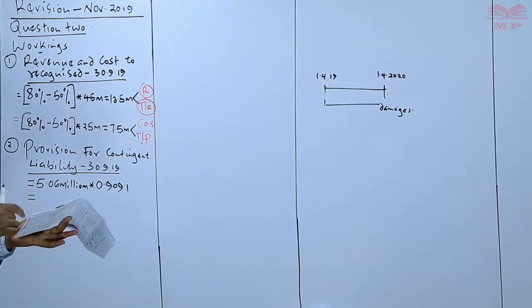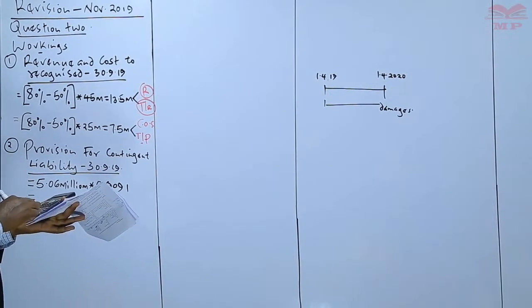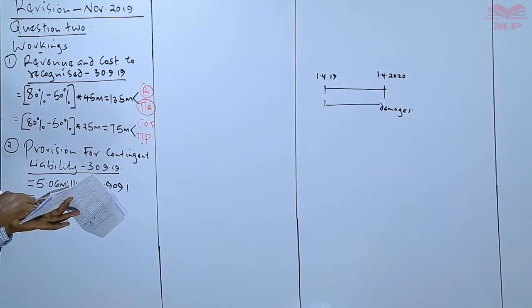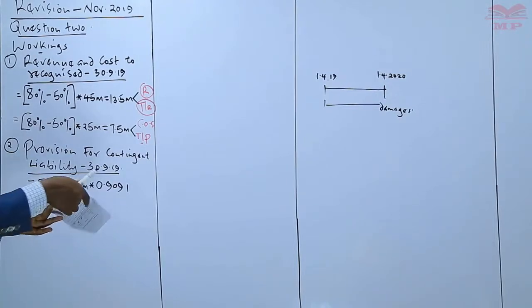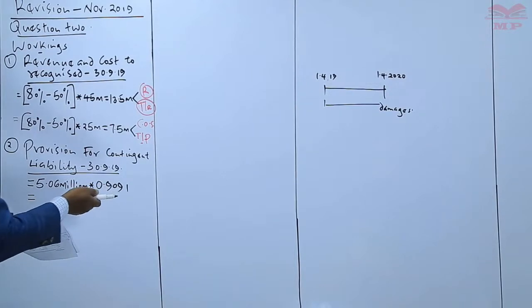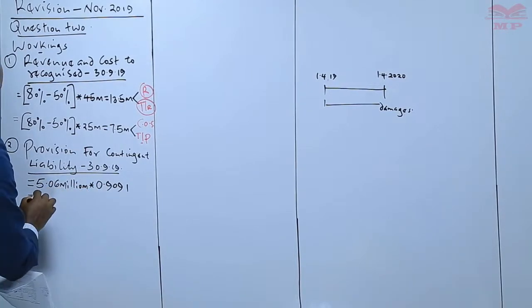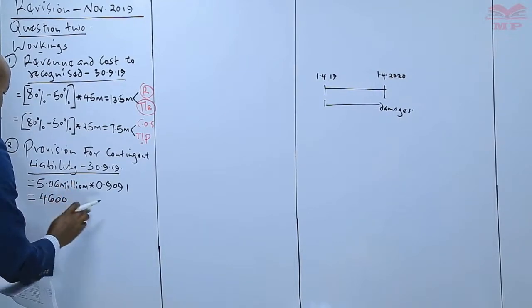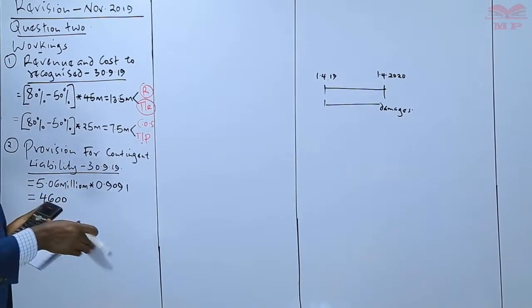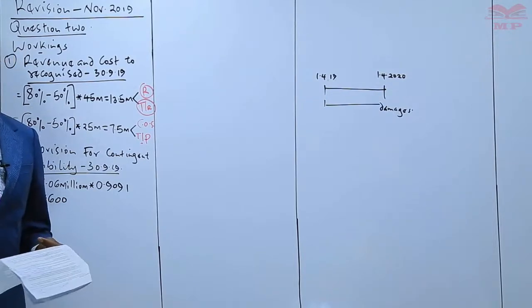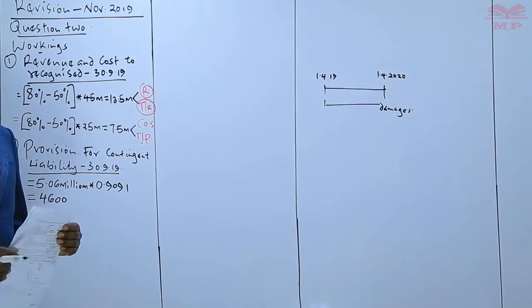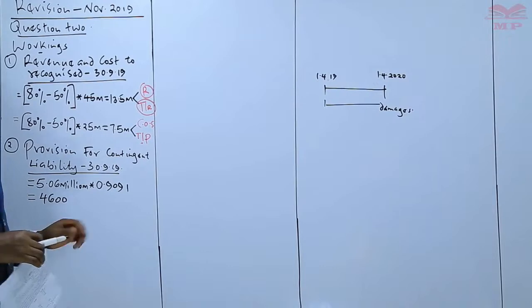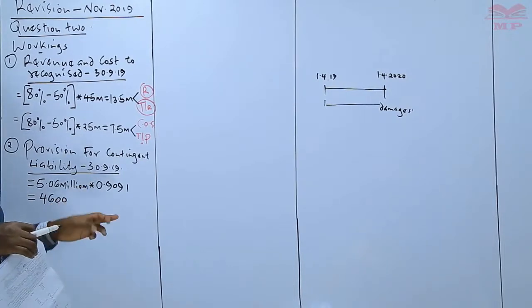So let's multiply these two. So we have 0.9091 times 5.06, and that will give us, to the nearest whole number, 4,600, or 4.6 million. So what that means is that at the end of the current financial year, this company was supposed to make a provision equivalent to 4.6 million.